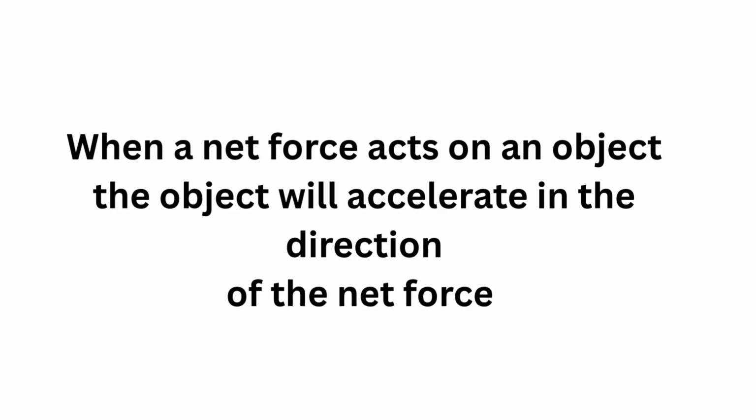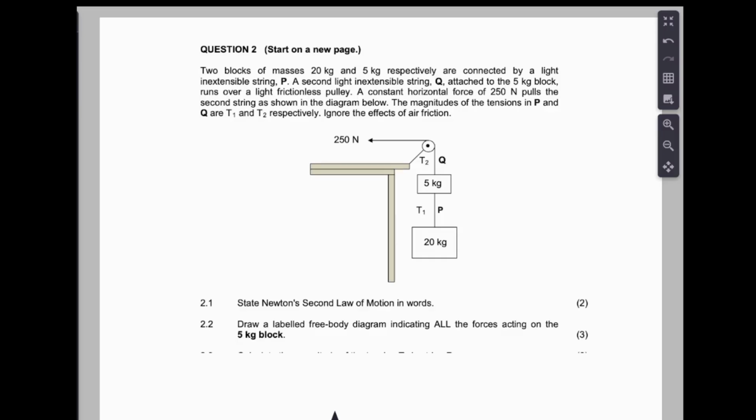When a net force acts on an object, the object will accelerate in the direction of the force at an acceleration directly proportional to the force and inversely proportional to the mass of the object. Now, we know that F net is equal to mass times acceleration. If you write down this definition exactly the way it is, you should get your 2 marks.